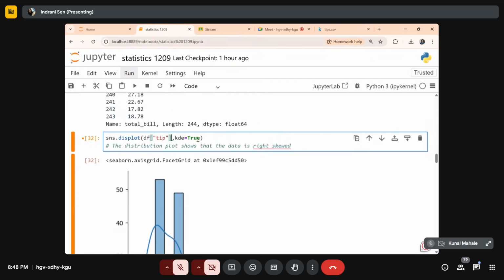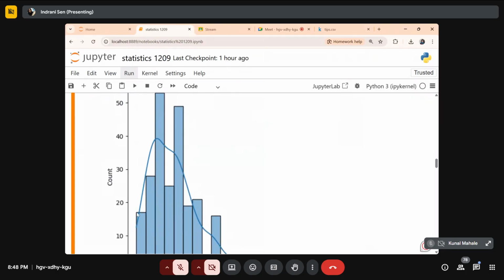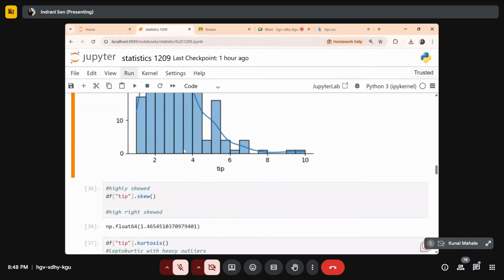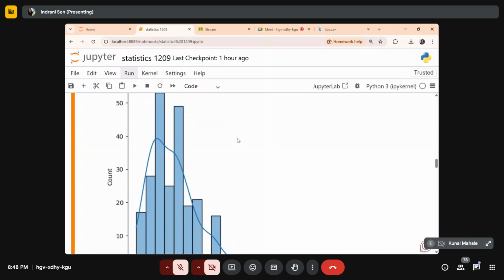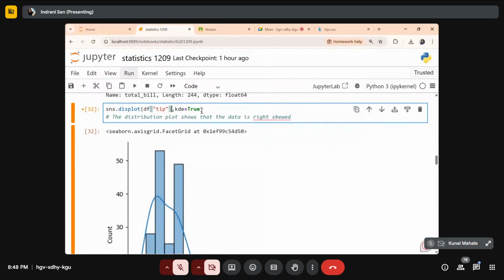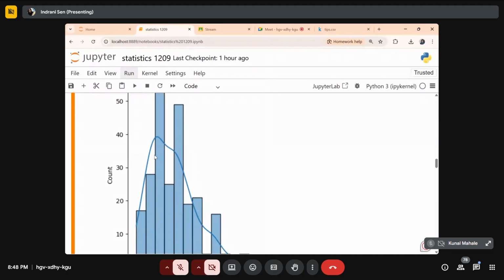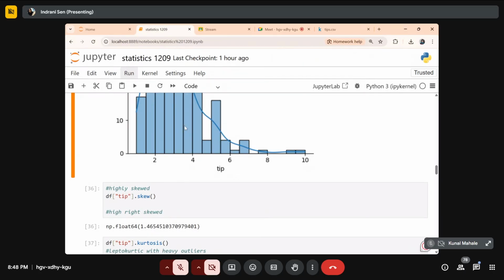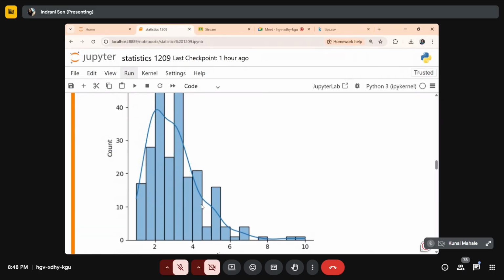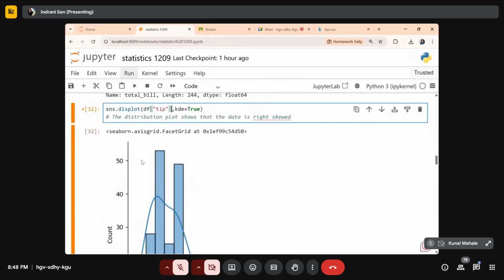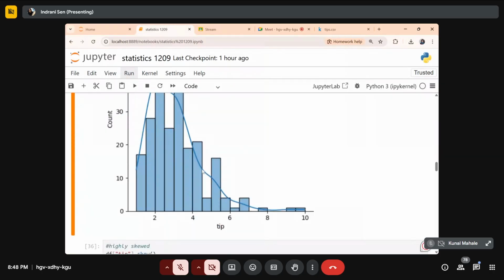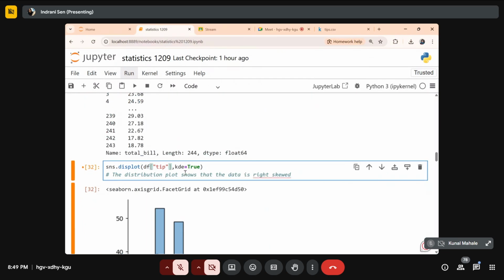We pass df tip, and we write kde equal to true. It will draw this line, called a kernel density estimator. This is called a skewed distribution, because it shows you the histogram as well as the distribution of the data.